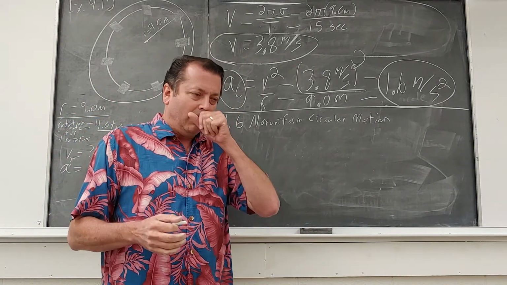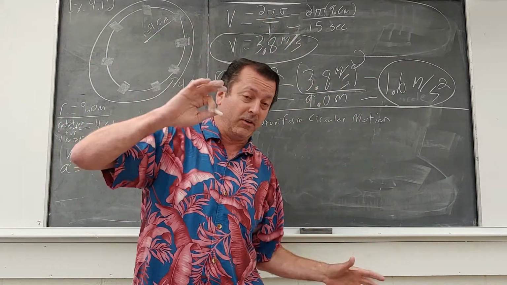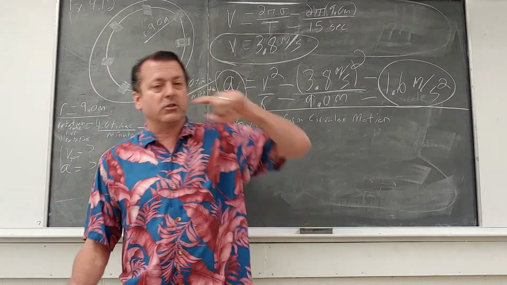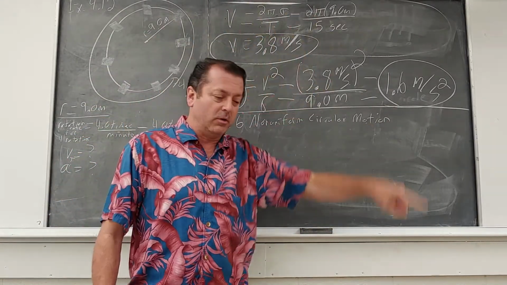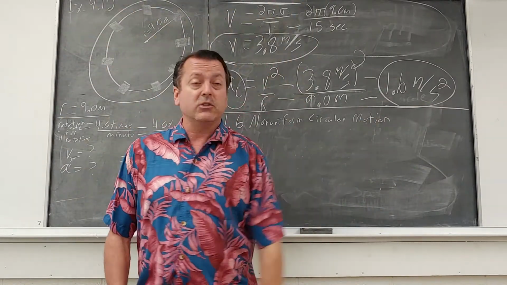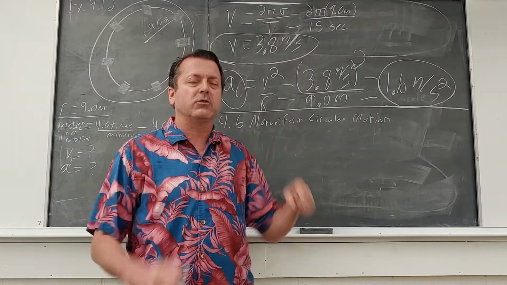That would basically tell you how much the angle changes as a function of time. And centripetal acceleration assumes your speed as you go around is constant. It just shows the centripetal acceleration towards the middle.